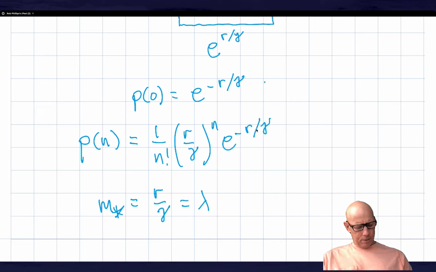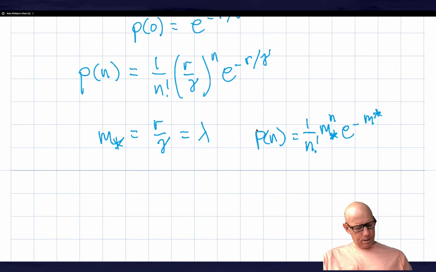So I could also call this lambda, just for the purposes of connecting with the language of the Poisson distribution. So P of n is equal to 1 over n factorial, and then m star to the n power, e to the minus m star.